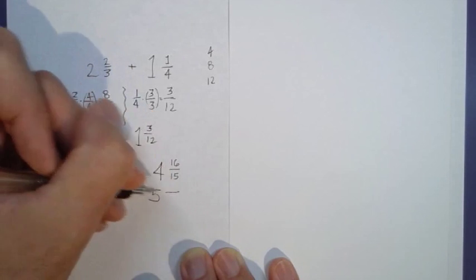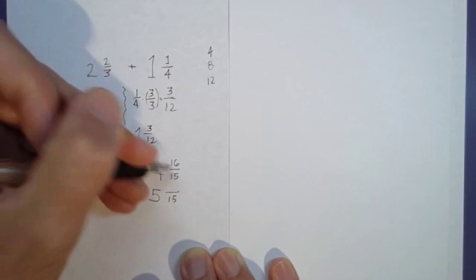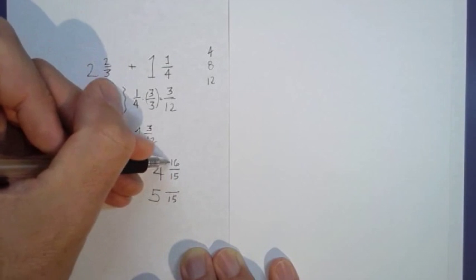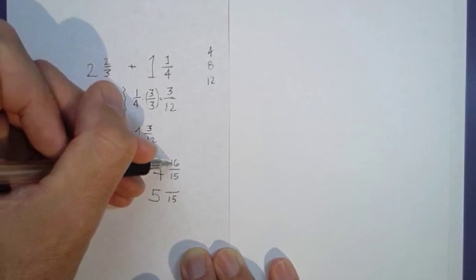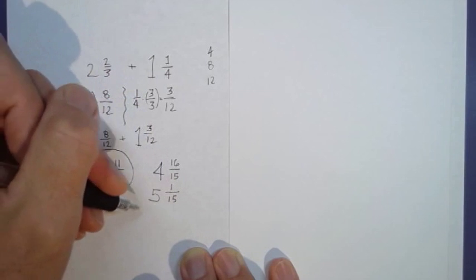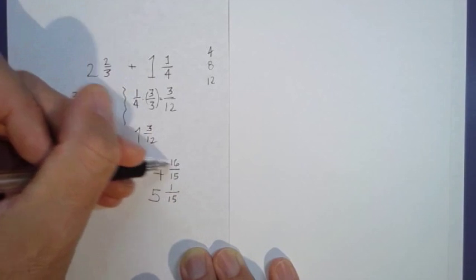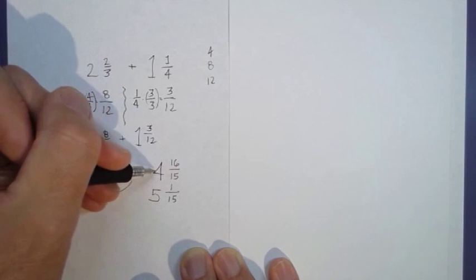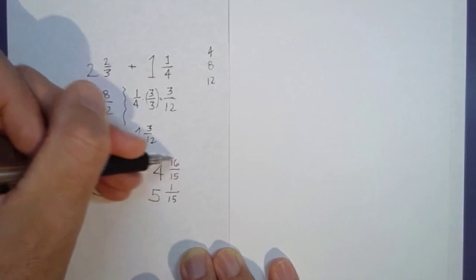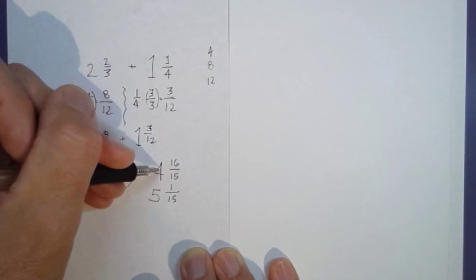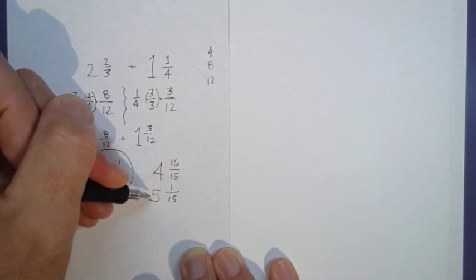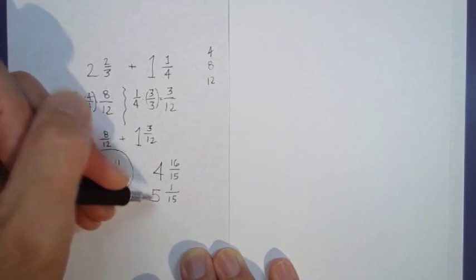So this becomes a 5. And what's left over? Well, 15 goes into 16 once with 1 remaining. It's almost like spillage. Our fraction was too large, and so we were able to bring out a whole number. So that's how we would simplify a result like that.